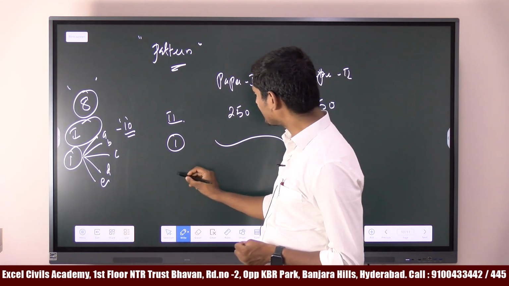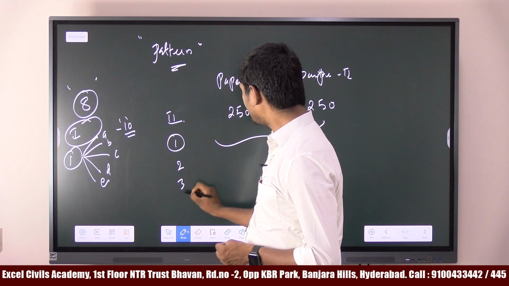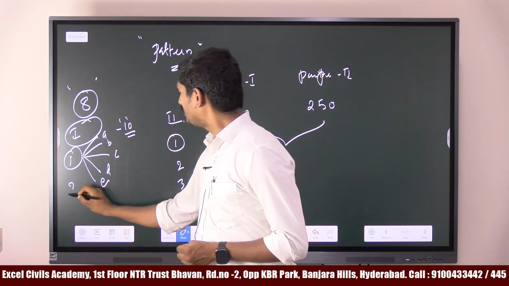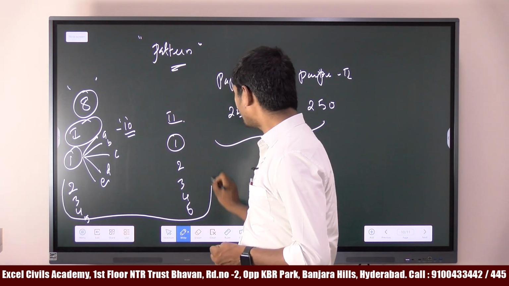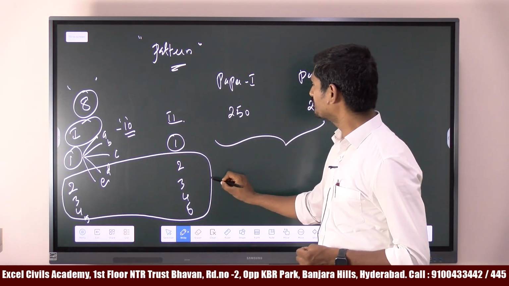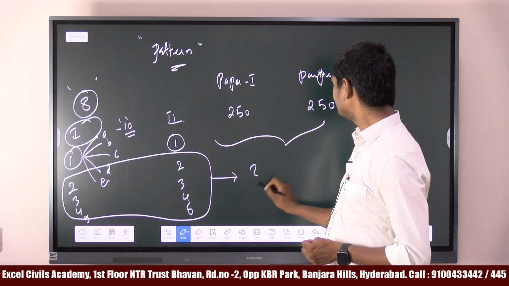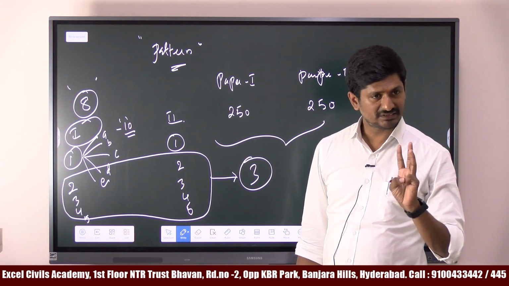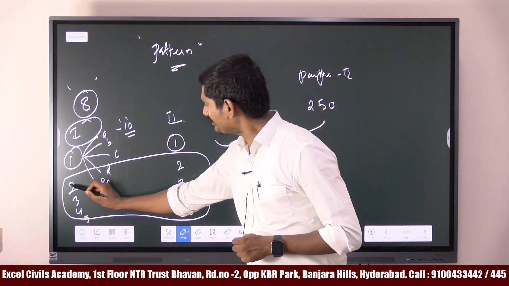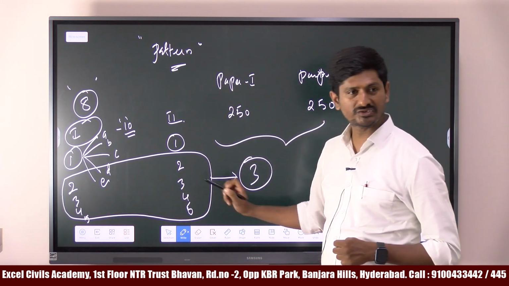So these 2 questions are compulsory. Remaining how many questions are there? Question number 2, 3, 4 and 5. Out of these questions, you can answer just 3 questions, either 3 from here or 3 from here.